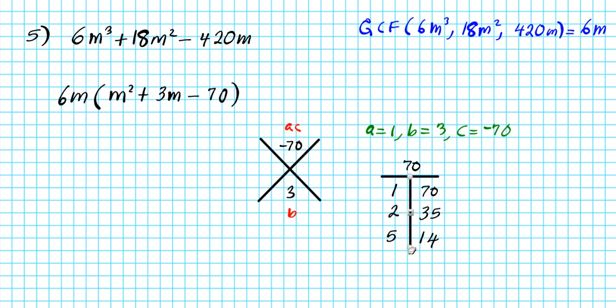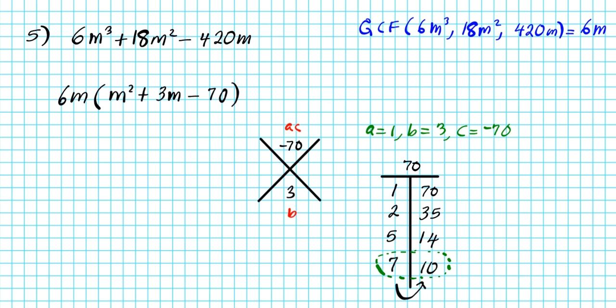Does this combination, 5 and 14, yield the desired sum of 3? 5 plus 14 is 19, the difference is 9, that doesn't work. So let's move on. 6 doesn't go. 7, absolutely. 7 goes into 70 10 times. And 8 and 9 don't go, so we are done, exhausting all the possible integer products that yield 70. So does 7 and 10 work? The answer is yes. 10 minus 7 gives us 3.